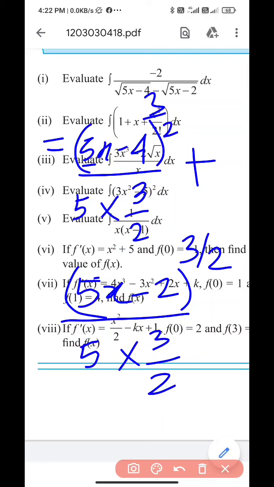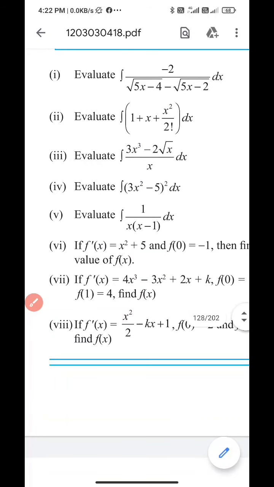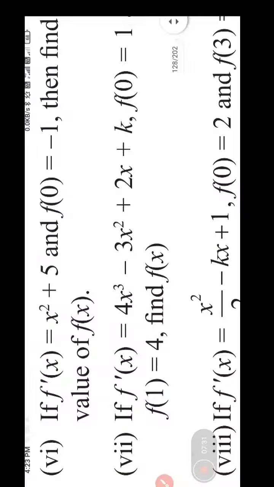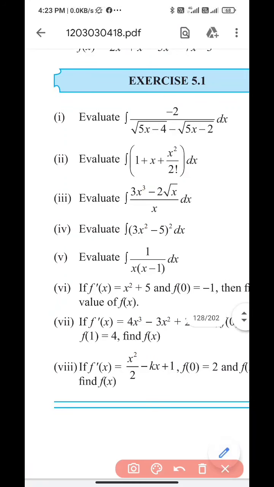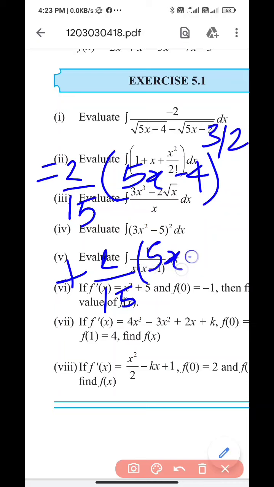Okay, so in the next step, the denominator will become 15 by 2, which will get a reciprocal, sorry, so it will be 2 by 15 into 5x minus 4 raised to 3 by 2, plus again 2 by 15 into 5x minus 2 raised to 3 by 2.